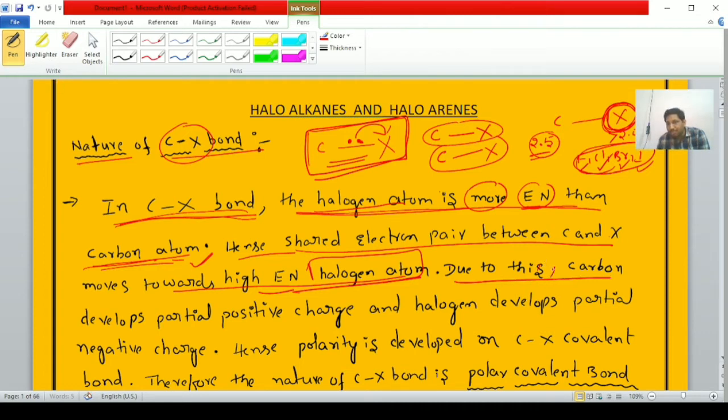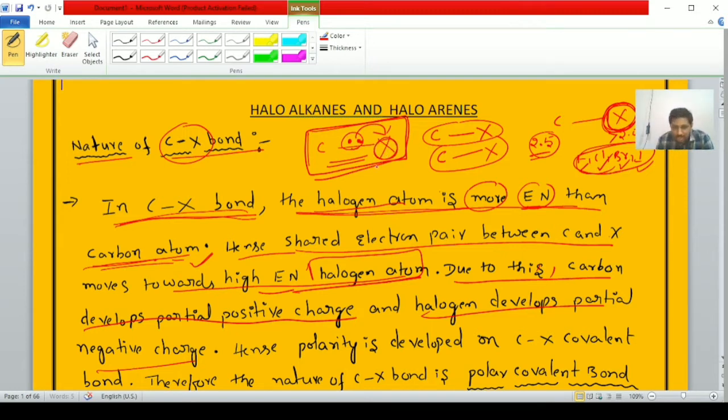Due to this shifting of electron density towards the halogen atom, the carbon develops a partial positive charge and the halogen develops a partial negative charge. Because, students, the carbon atom loses shared electron pair density and the halogen atom gains shared electron pair density.